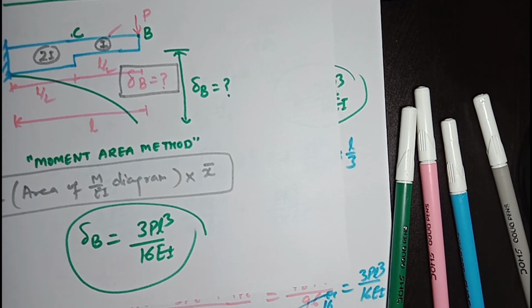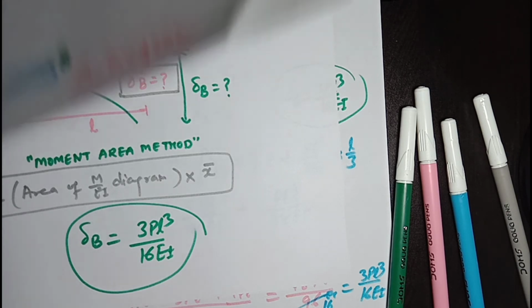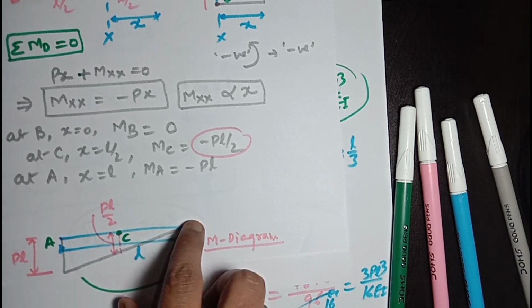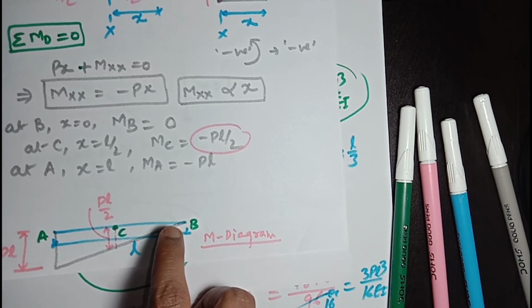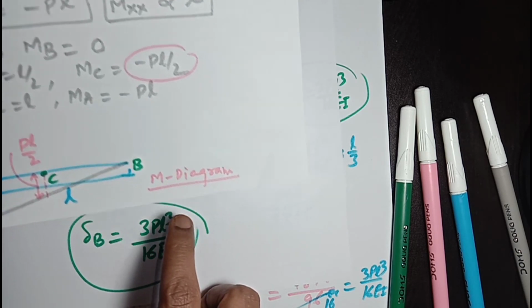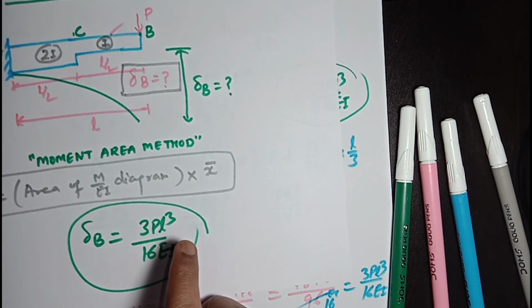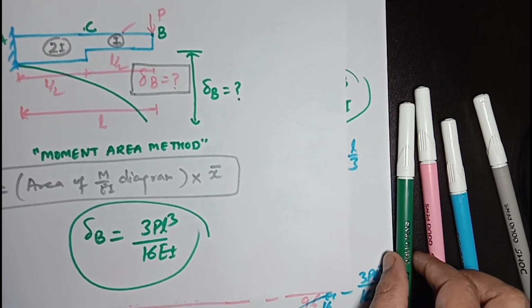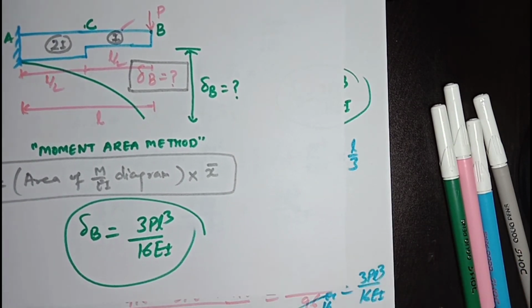Only a triangular pattern of bending moment diagram appears, because the bending moment varies with distance x. The critical part is to understand how to draw the M over EI diagram.